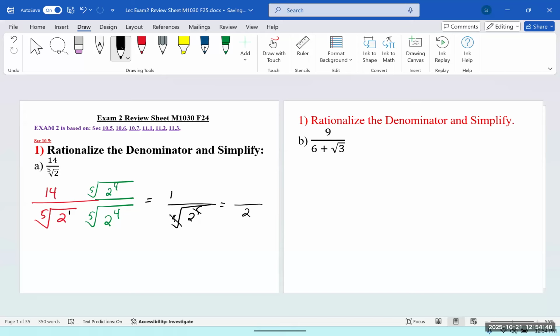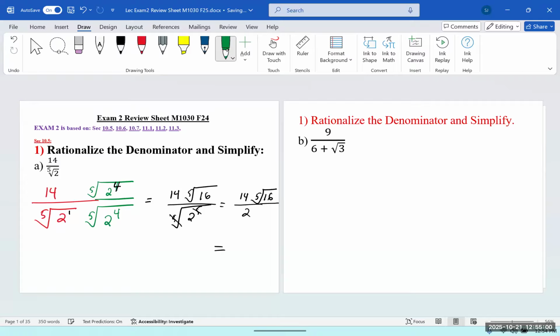Rationalize the denominator means get rid of the radical from the denominator. And on the numerator, we have 14 and 5th root of, what is 2 to the 4? 16. So you write 14, 5th root of 16. And then what do you observe?